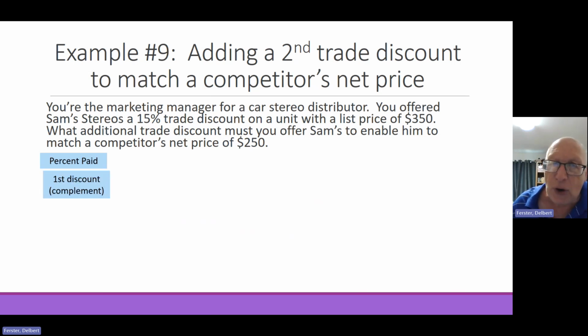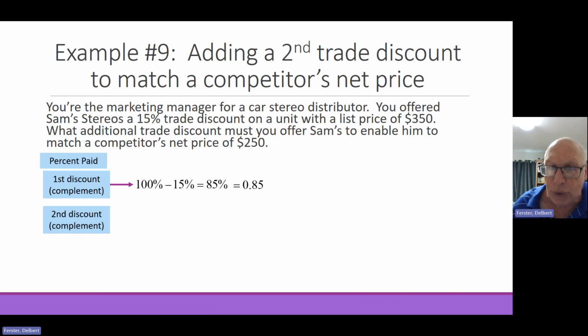Okay, so here's your first discount. Again, complement idea. If you're not paying 15, you're paying the other 85. Be a little careful on this mystery guy. All right, so we're calling that mystery percentage just D. So when you and I write that in terms of what we've done for complement, it's 100% minus D%. Well, we're representing 100% here as 1.